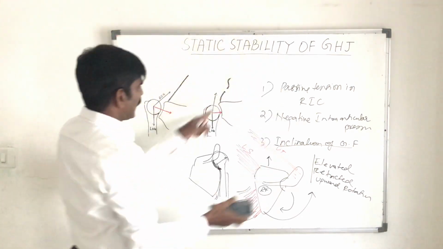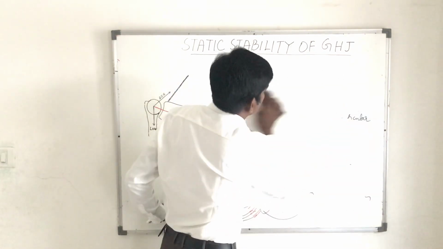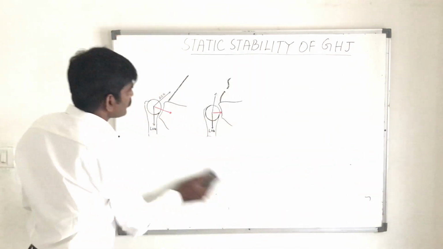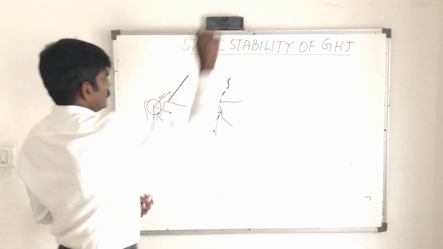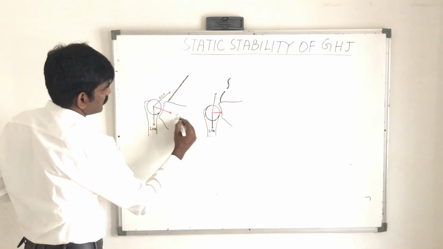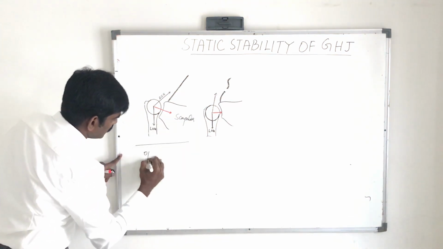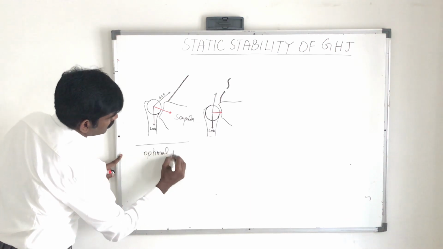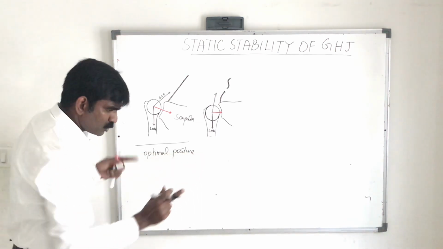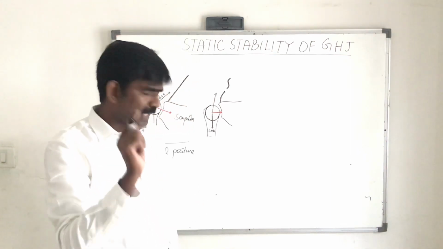So here I'll explain with this diagram. Here if you see, this is the scapula, clear, and this is optimal posture. The optimal posture of the scapula is maintained by the shoulder stabilizers.